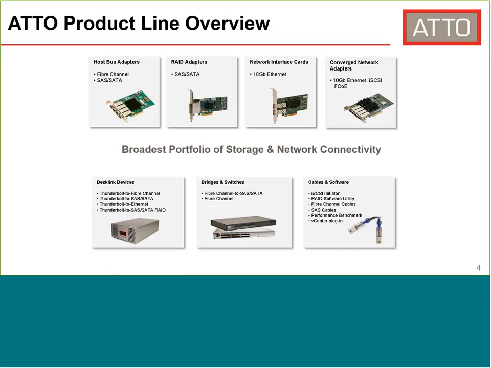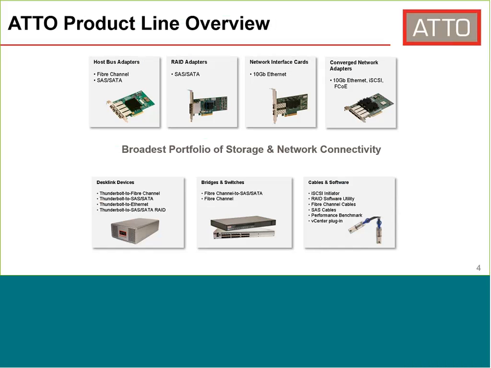To give everyone that quick snapshot of ATTO, these are the different product lines that we have available today. We have host bus adapters in Fibre Channel and SAS/SATA, RAID adapters in SAS. We have 10 GbE network interface cards, converged network adapters. Leading down below, we have our ThunderLink line, which are several models of our Thunderbolt products, whether that be Thunderbolt to Fibre Channel, to SAS, to Ethernet, and SAS RAID.